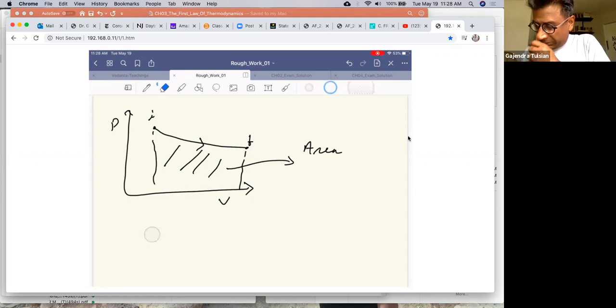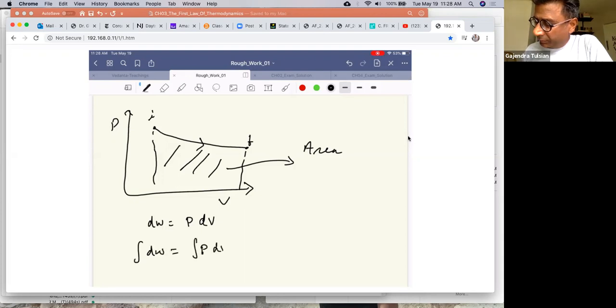Again, the idea is the following. The infinitesimal amount of work done by the gas was P dV. And if you integrate that, this is equal to the work done, and that's P as a function of V, from the initial point to the final point.